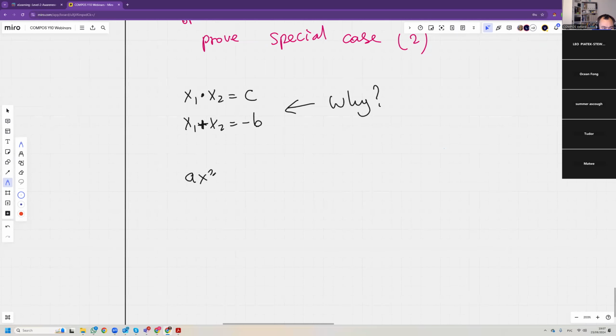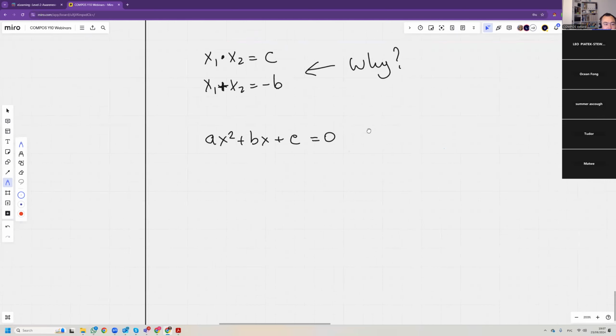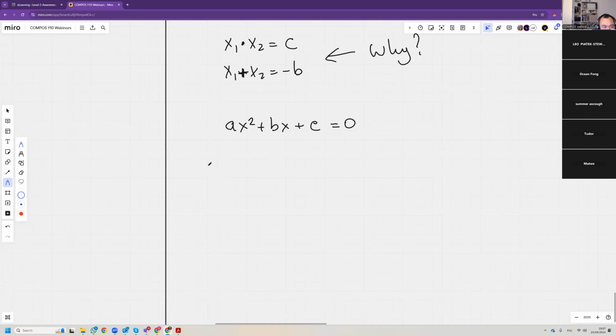Suppose you have ax squared plus bx plus c equals 0. And you know the quadratic formula, that x is equal to minus b plus minus square root of b squared minus 4ac over 2a.